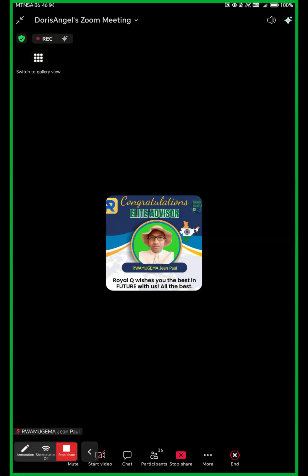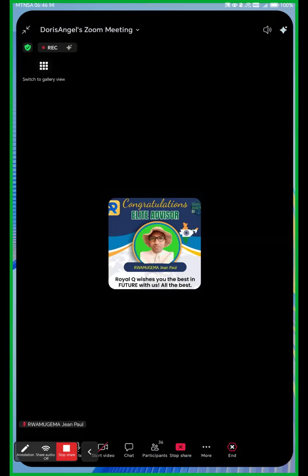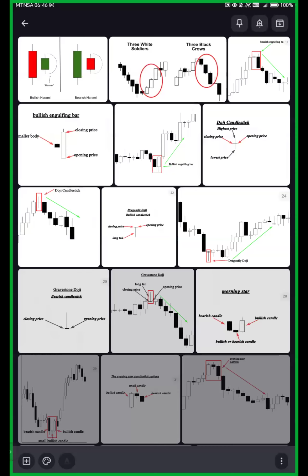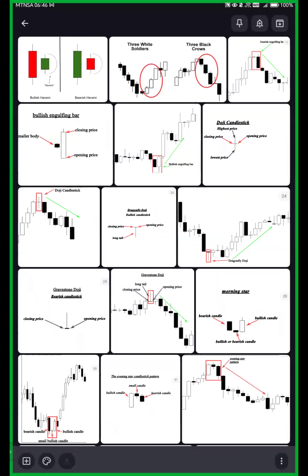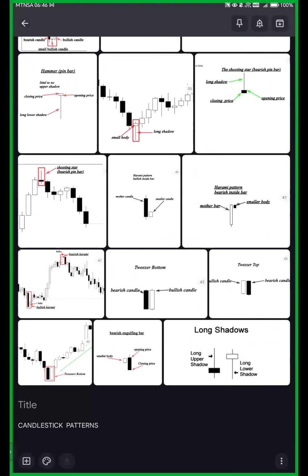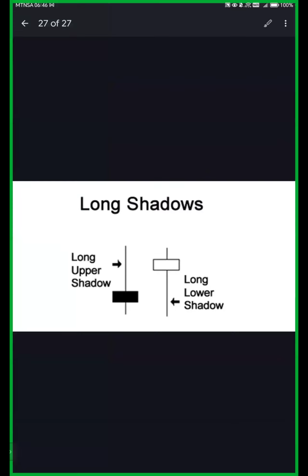Right. So I was here when I was talking about shadows. We looked at the candlestick shadows, and then we said that candlesticks do have shadows.